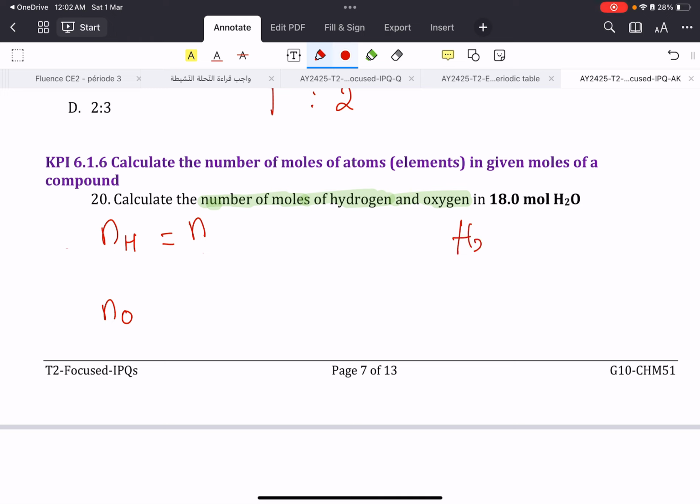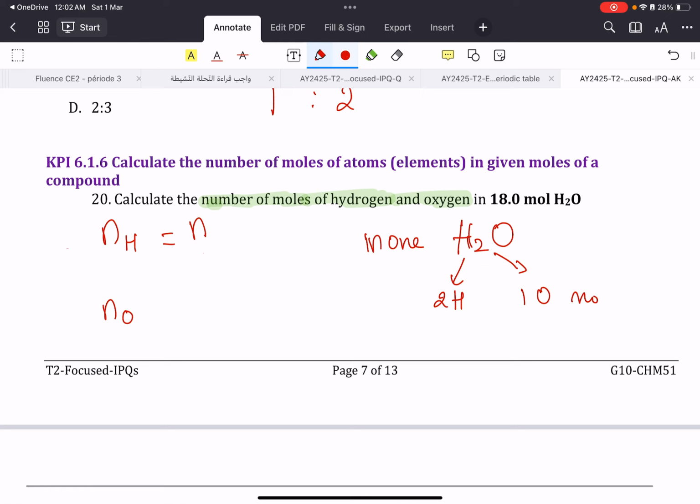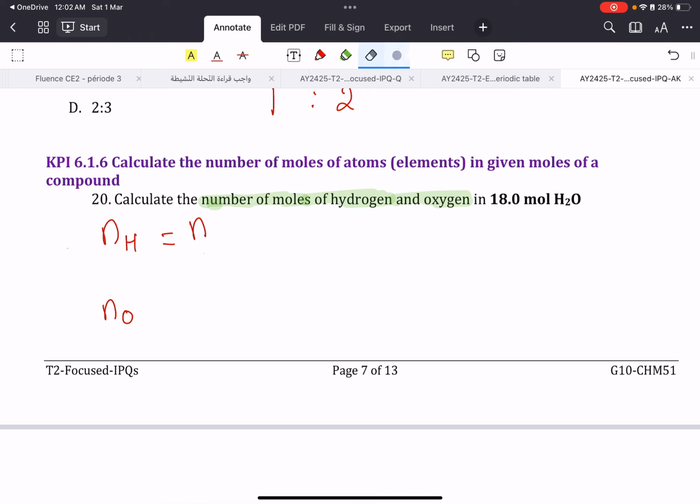Or you simply look at H2O and you say, in one H2O, we have 2 moles of hydrogen and 1 mole of oxygen. Then not just 1, in 18, how much do you have? Maybe I'll write it this way.